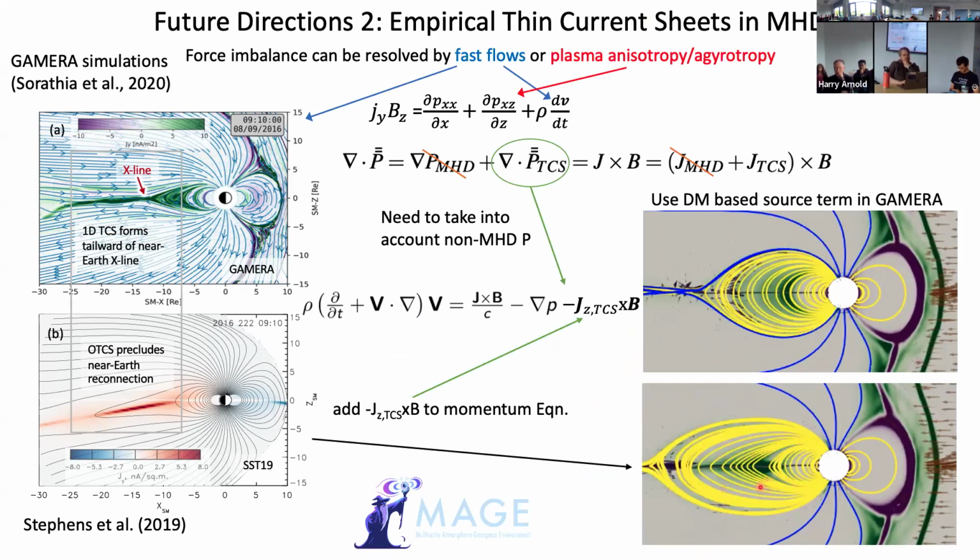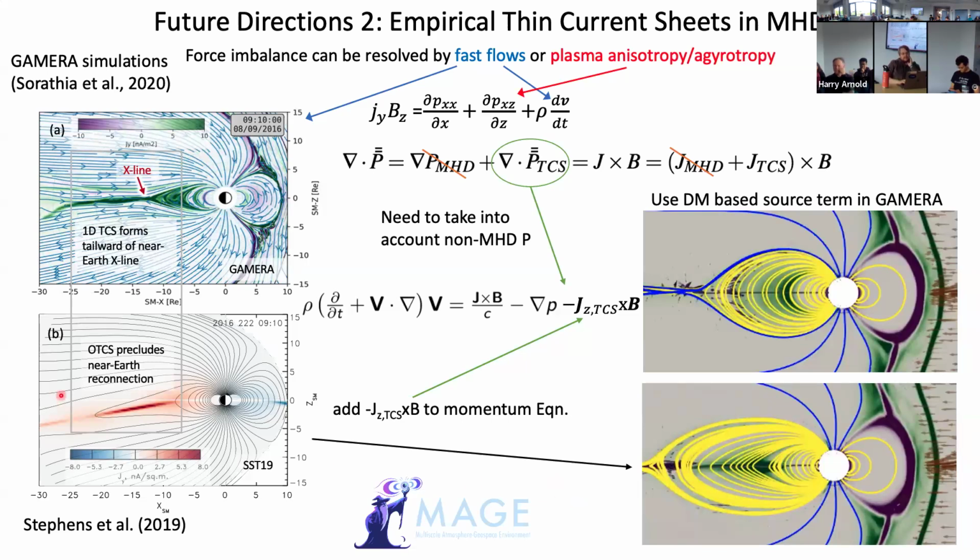The resolution of the grid here is getting towards the ion scale, I think. Obviously it's MHD, it doesn't include any ion physics, but it's a fraction of an RE. So when I take my empirical reconstruction thin current sheet, which is ion scale, I can plug it in and get an effect. But yeah, it is tricky.